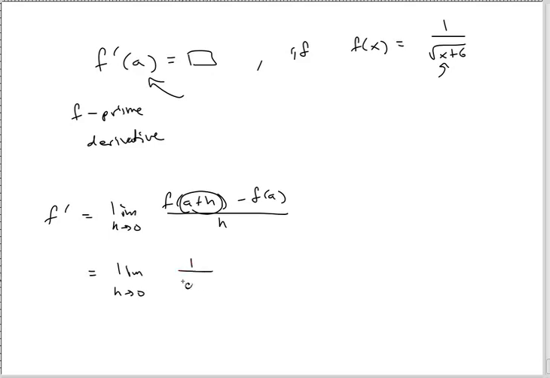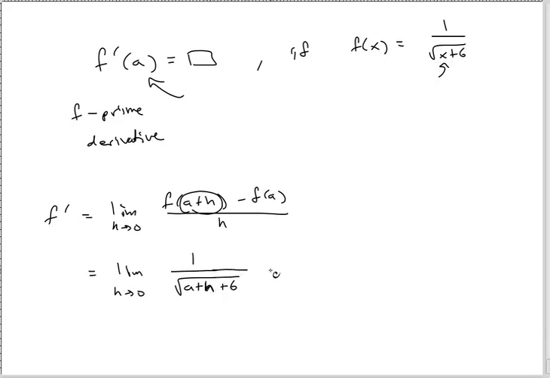I've got 1 over the square root of a plus h minus 1 over the square root. Oh, whoa. I'm still not done. Back up. A plus h. Here, let's even make it bigger, we need some bigger. So this is a plus h plus 6. Notice all of that was my x. And then plus 6. Okay?